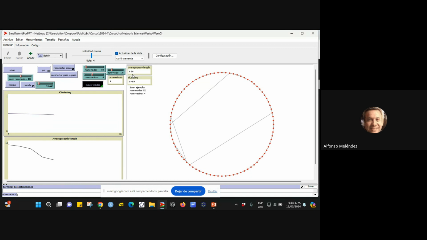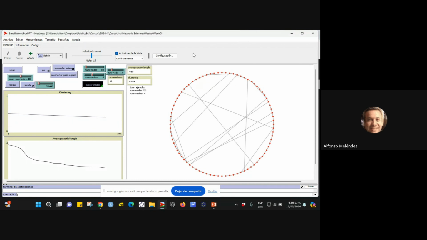If I continue creating these edges that go from one side to another, look, the average path length is reducing. But the important thing is, look at the graphs here. The average path length reduced very much, but the clustering not too much.